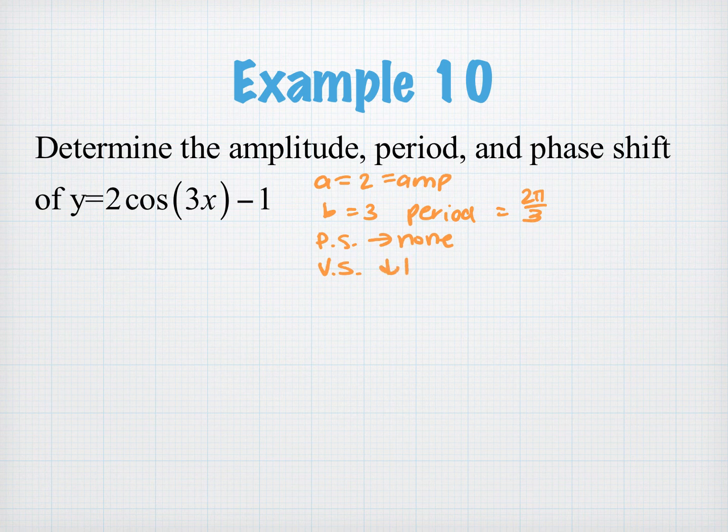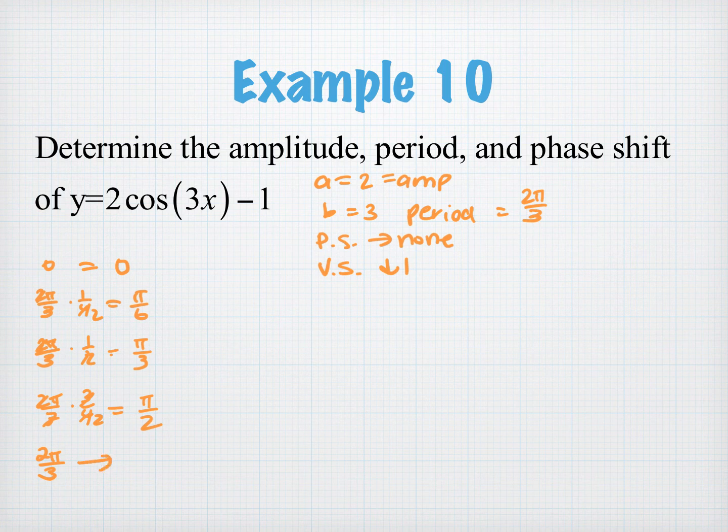Down one. Good. So now I'm going to do the 2 pi over 3, 0, 2 pi over 3 times a fourth times a half, and then 2 pi over 3. Okay. This is pi over 6, pi over 3, pi over 2, and then the last one is the period, which is 2 pi over 3.